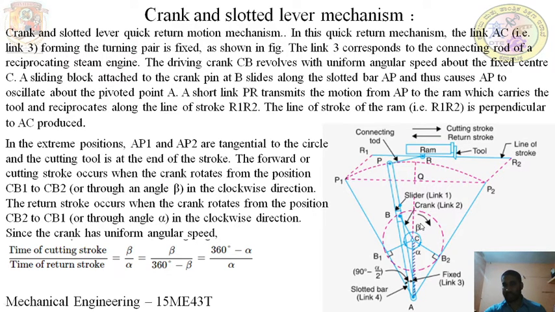This is the cutting action. The return stroke takes place as the crank moves from CB2 to CB1. The forward stroke takes place as the ram moves from R1 to R2, and the return stroke as the ram moves from R2 to R1, which is from right to left.